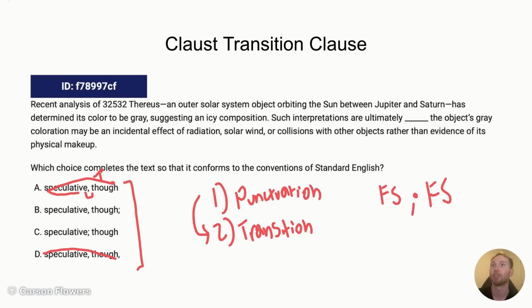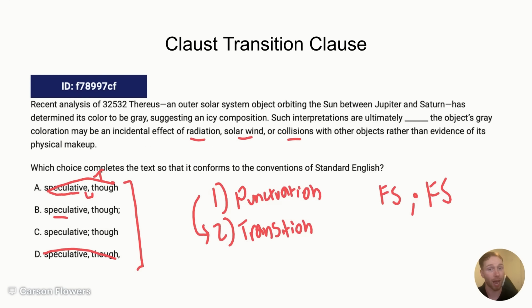Let's take a look. "Such interpretations are ultimately speculative. The object's gray coloration may be an incidental effect of radiation, solar wind, collisions with other objects, rather than evidence of its physical makeup." This is telling me that these actually agree with each other. The idea is that these interpretations are speculative. We don't actually know what happened.